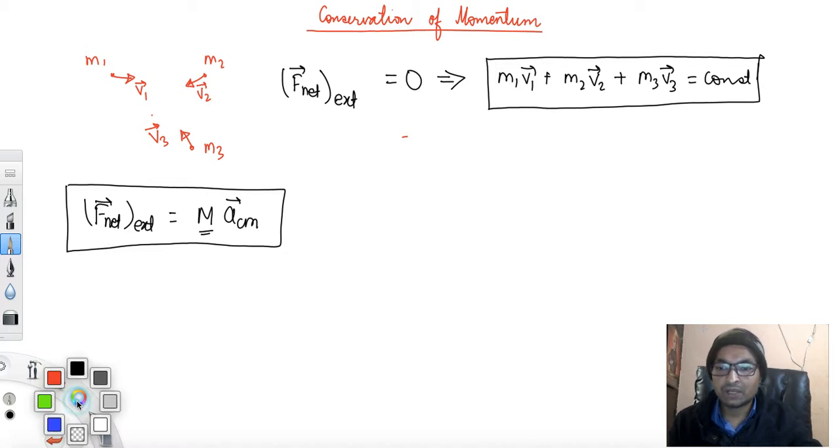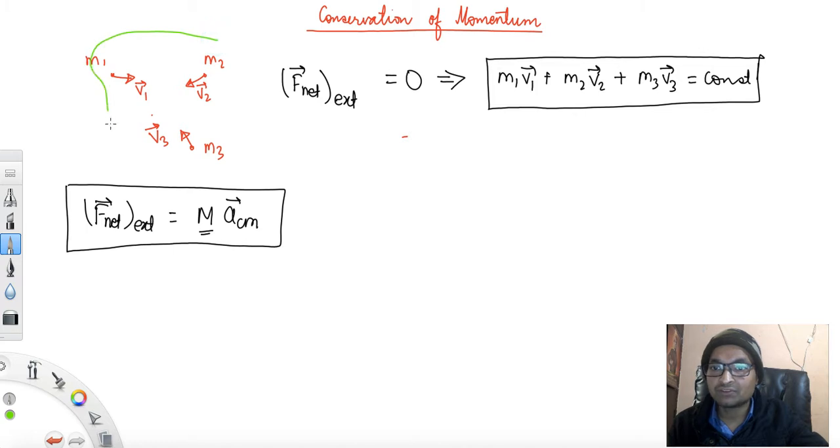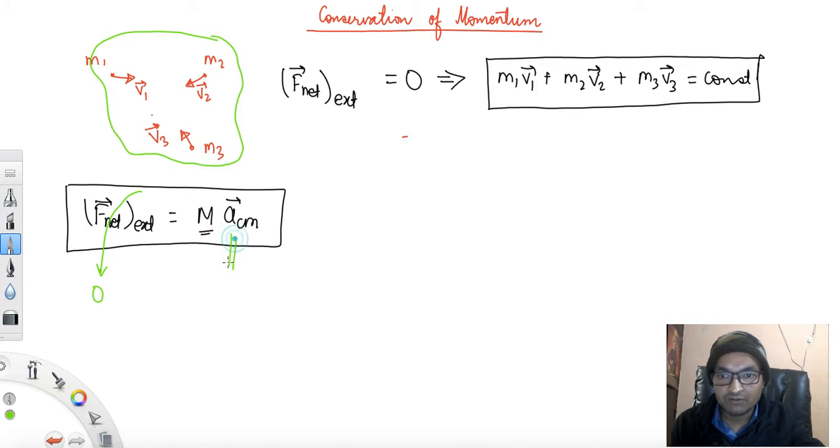Now if net external force is zero, for we have the system, and the system consists of these three particles, and no external force is acting, or net external force on the system is zero, so we can say that if this is zero, then acceleration of center of mass is going to be zero. So if ACM is zero, then what does it imply?